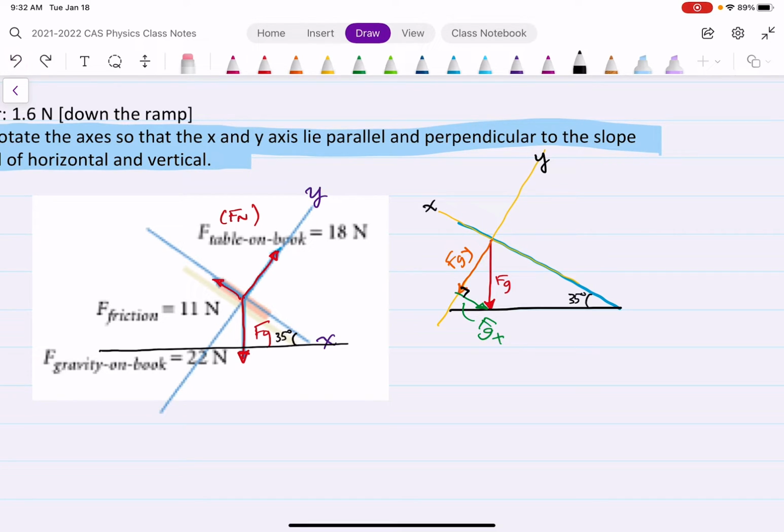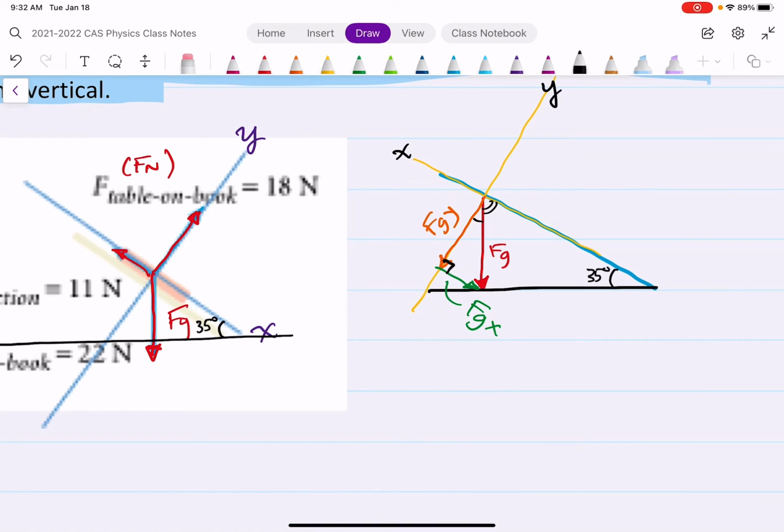And we can solve it by solving these right angled triangles. So we've got 35 degrees over here. That makes this angle 90 minus 35, which is 55 degrees. So if this angle in here is 55, that leaves us with another 35 degree angle here.